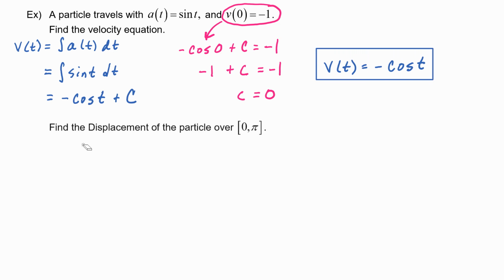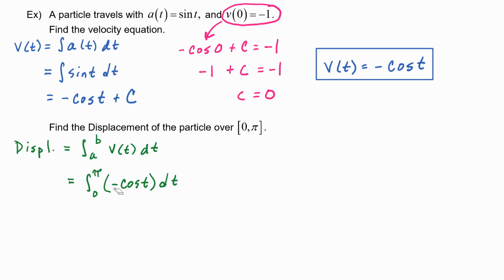Next up, we have to find the displacement of the particle over the interval 0 to pi. Displacement is defined to be the integral from a to b of v of t dt. Now we have the velocity equation, so this is going to be the integral from 0 to pi of negative cosine t dt.